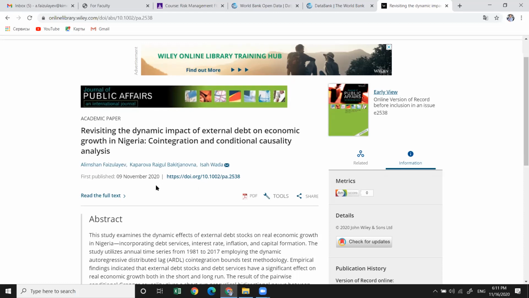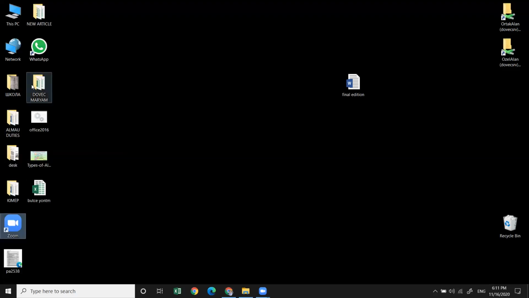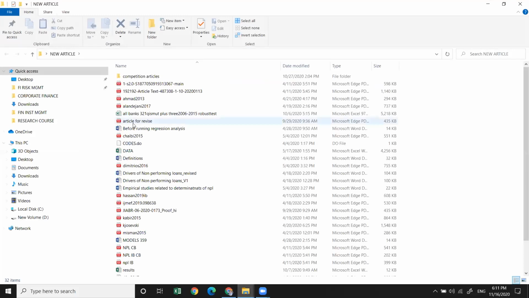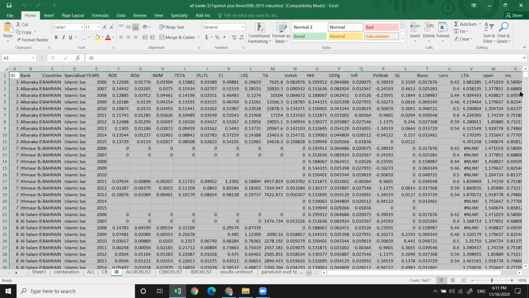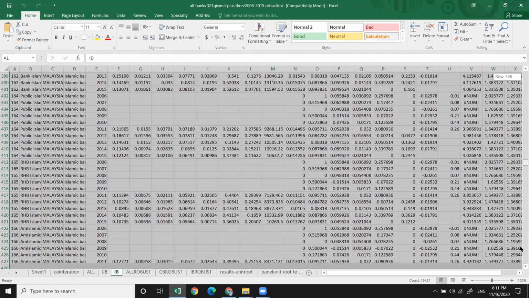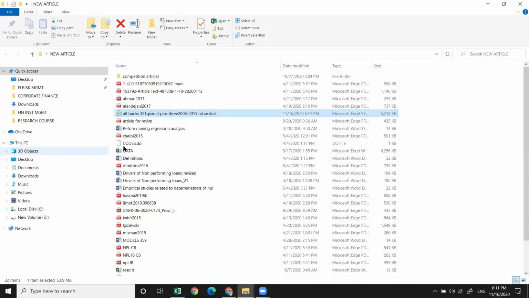Your work. For example, what I'm saying here, I have an article here. This is data I was collecting. For example, this is another article I'm working on now. It's related to banks, Islamic banks and conventional banks. This is data I collected.